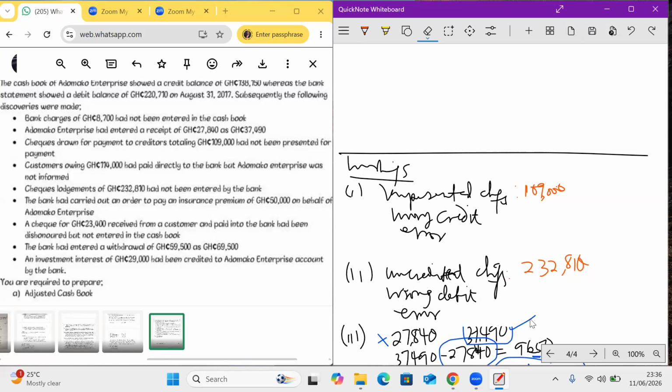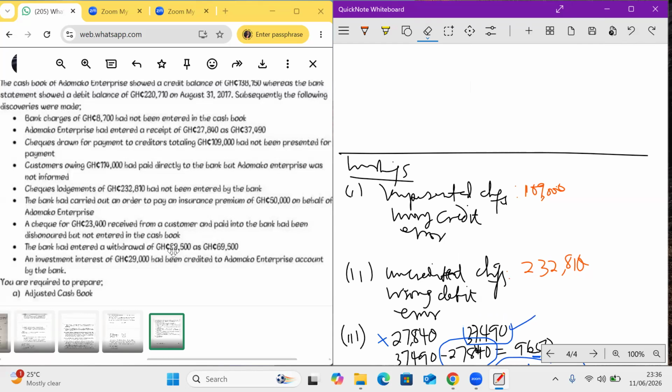Did they debit or credit it? If you are withdrawing, did the bank, listen to me, did the bank, the 59,500, did it debit it? Debit means deduct. Did it deduct from it or did it credit it to get 69,500? Look at the figures well.